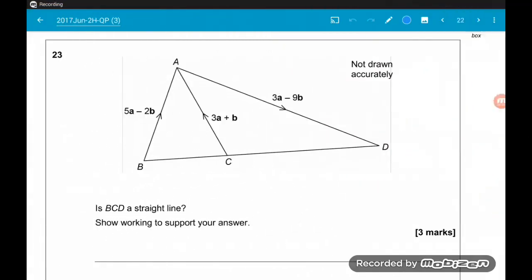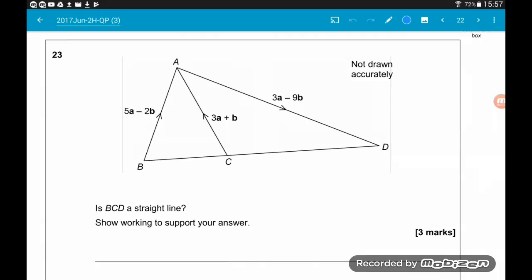And okay, question 23. So here we have some vector fun. So we've got this triangle with points A, B, C and D. The question asks us, is BCD a straight line? We must show our working.